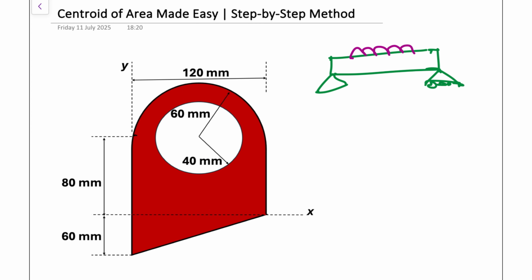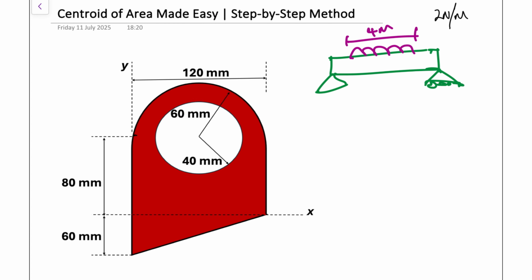So that's representing my UDL. And for this UDL, it should span across, let's say 2 meters or 4 meters. So it spans across 4 meters. And in terms of the actual UDL measurement, let's say it's representing 2 newtons per meter.